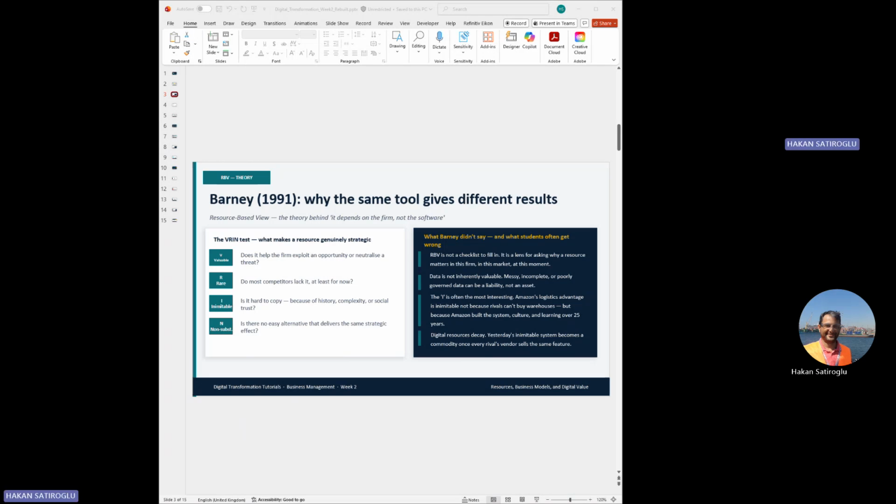So, for example, is it valuable? This is the first question. Meaning, does it help the firm solve a problem or capture an opportunity with this idea, this position, this product, this service, this technology?